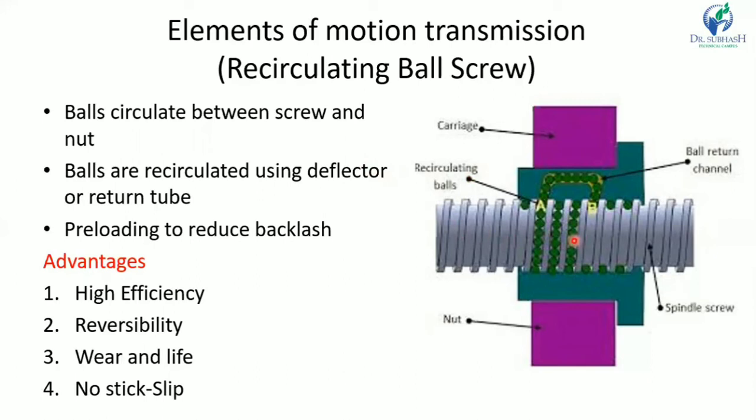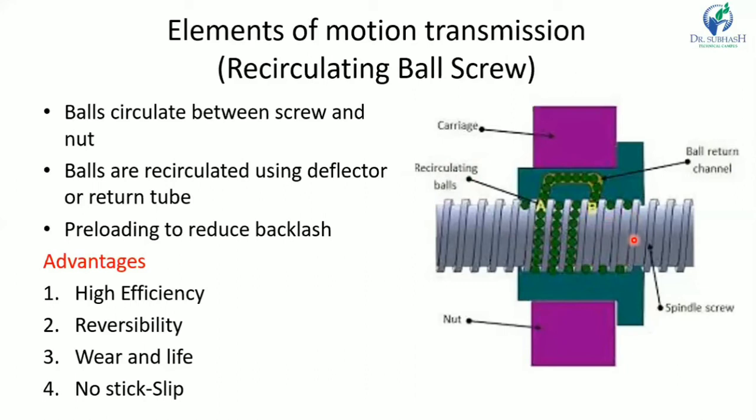So the approach is to replace the sliding friction by rolling friction. The connection between the screw and nut is through an endless stream of recirculating steel balls. Here you can see these green colors, they are the recirculating balls, and they are continuously rotating inside this screw.